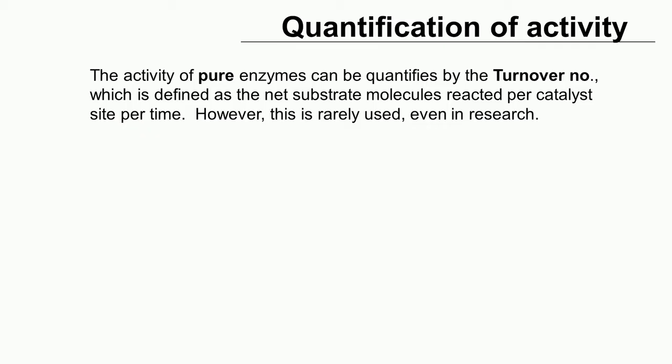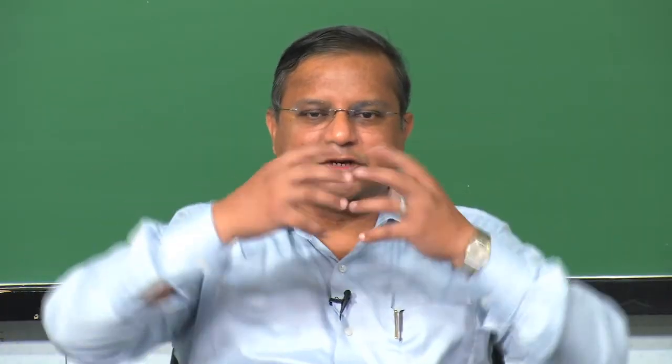The activity of pure enzymes can be quantified by something called a turnover number. Turnover number is defined as the net substrate molecules reacted per catalyst site per time. Okay. The way the enzyme action comes in, we said, was because of the 3-dimensional folding.